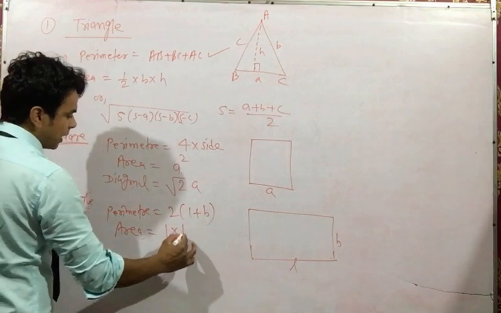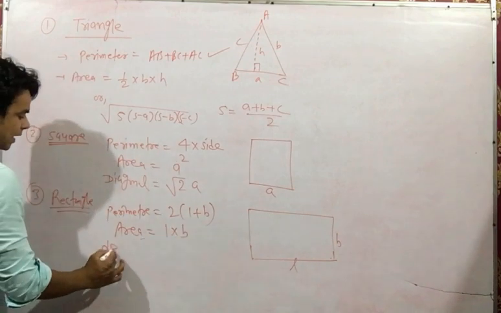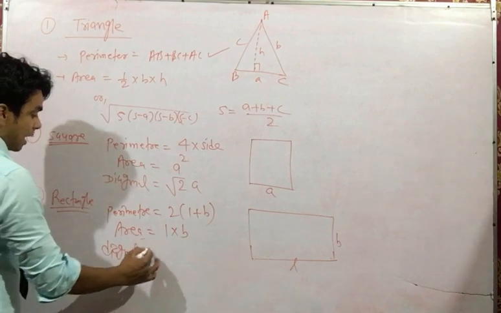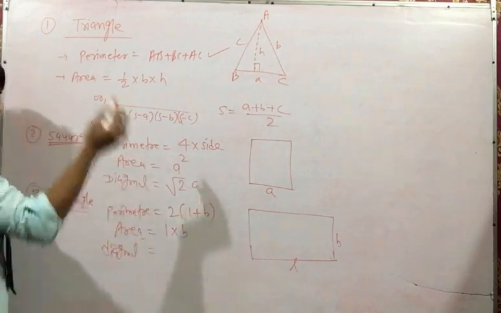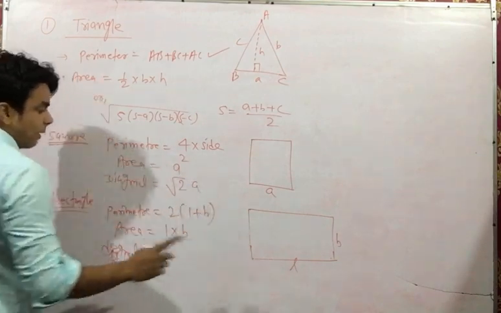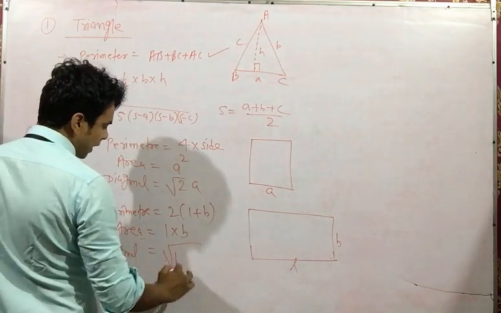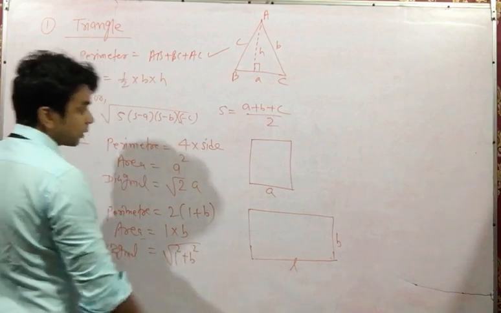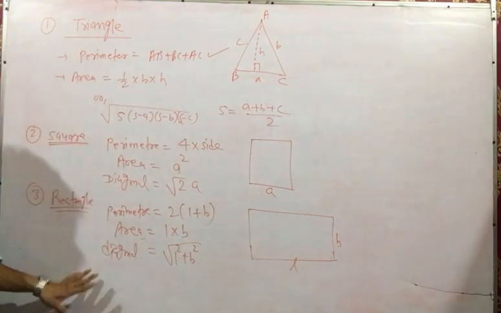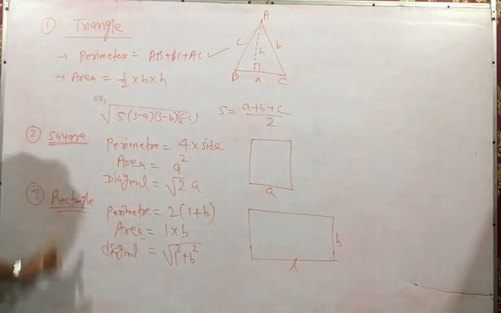Area is length into breadth, and then you will calculate the diagonal. In last, I have a surprise for you all. A new shape I will teach you. Okay, diagonal. And the diagonal will be under root L square plus B square. This is the diagonal. These three shapes are okay with you. So triangle, square, and rectangle.